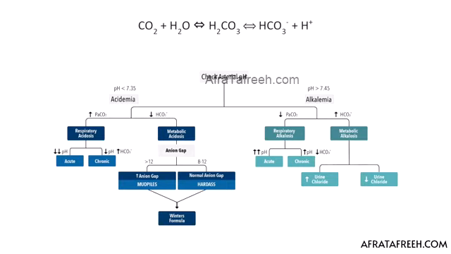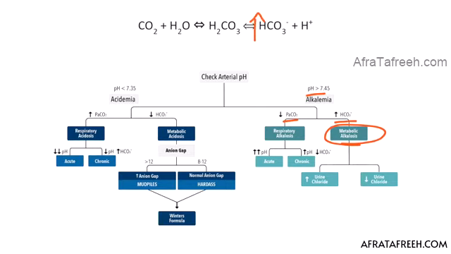At this point, we've determined the pH and the bicarb, as well as the partial pressure of carbon dioxide, and found that the patient has a metabolic alkalosis. As excess bicarbonate accumulates in the blood, it reacts with and consumes the free acid, resulting in a decrease in free hydrogen ions.